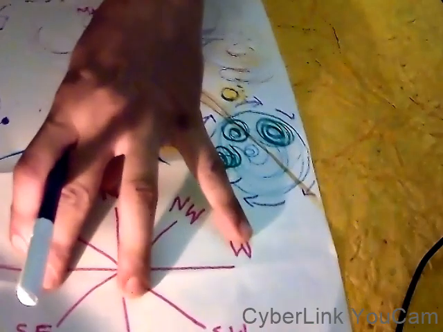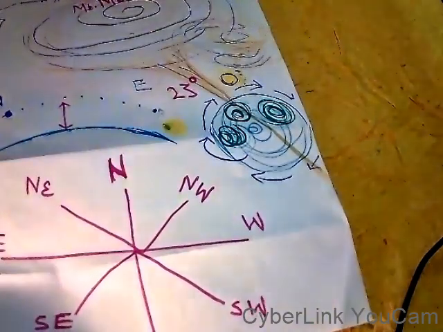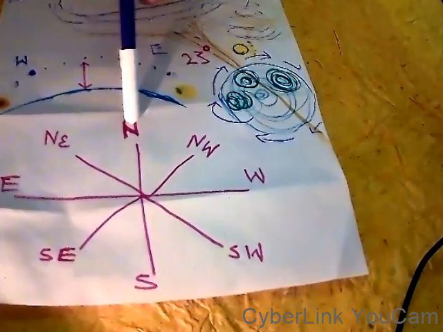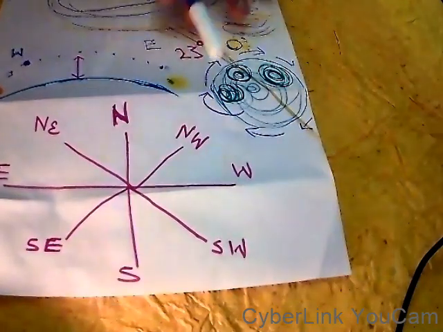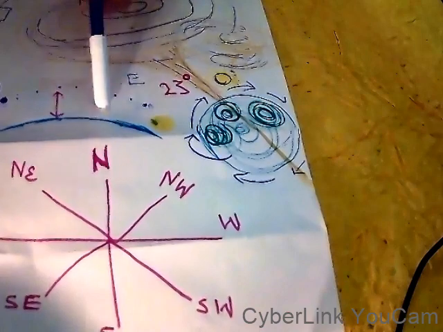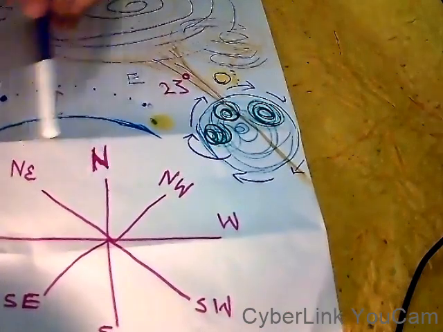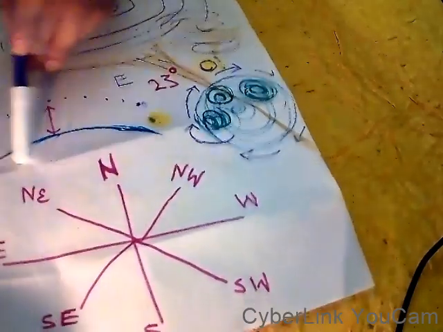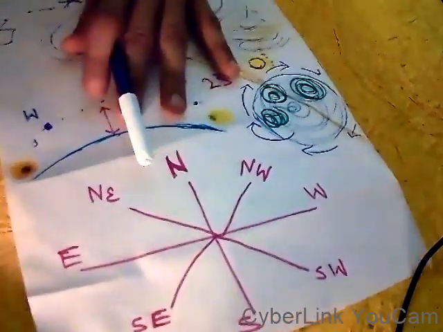If not, I hope it is. So this is the direction I would talk about now. This is north, this is south. North and northeast: this is where the diagonal would take us to the pole star.